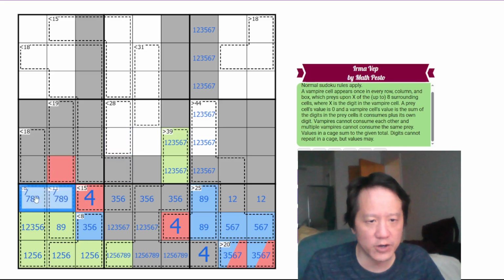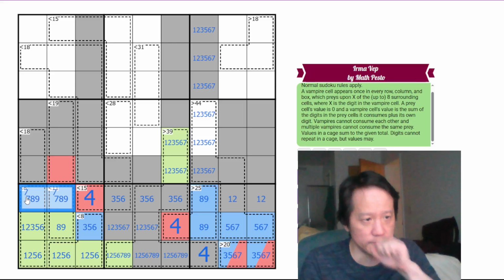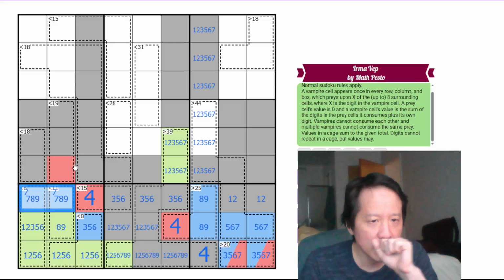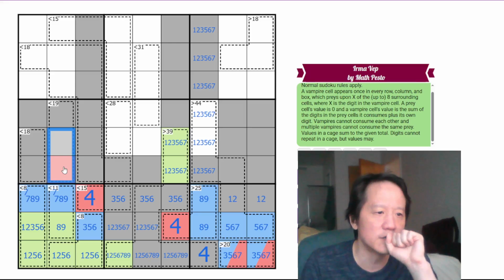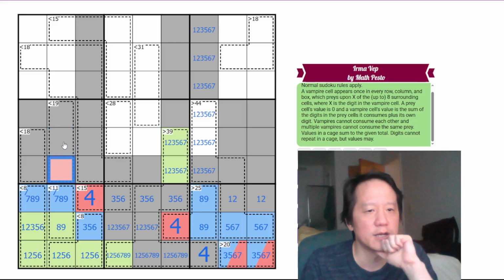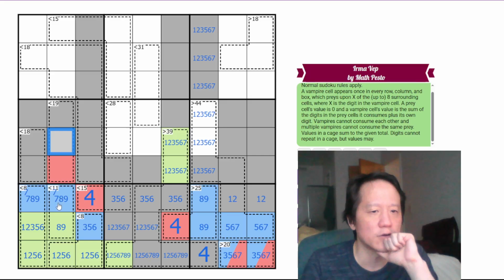This is the vampire. It pulls from both of these. Okay, so say this was 3, and it pulled from here also, right? If this is 3, and this is the vampire, and it pulls from here, this would be 3, 7, 8 at minimum, plus whatever value, which would be 1.